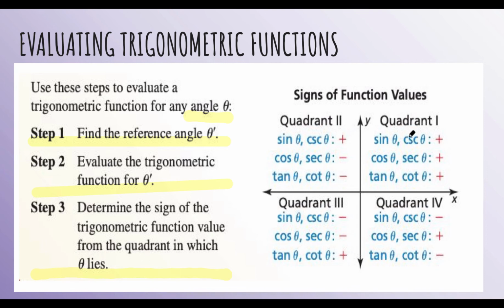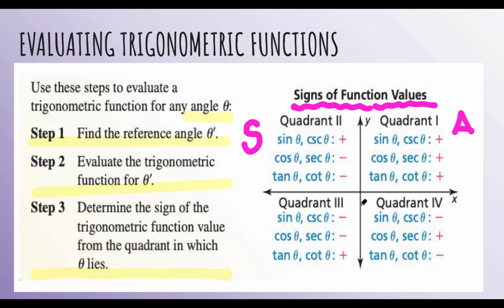Before we jump into some examples where we evaluate trig functions, let's look at the signs for the functions. In quadrant 1, all of our trig functions are going to evaluate to be positive ratios. In quadrant 2, the sine and cosecant functions are the only 2 that are positive.